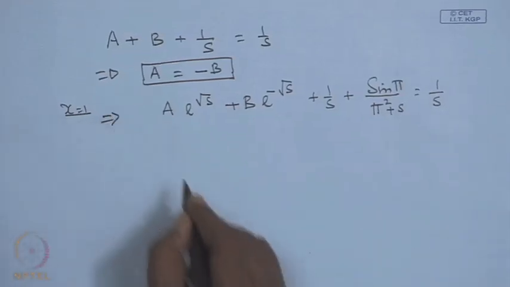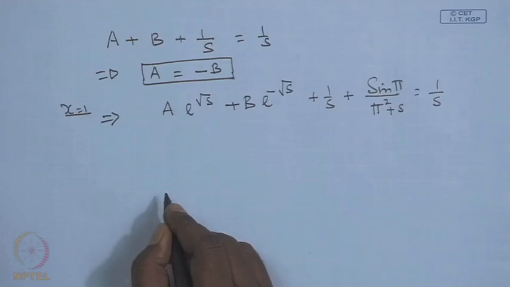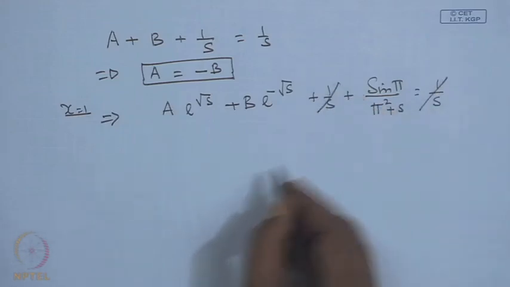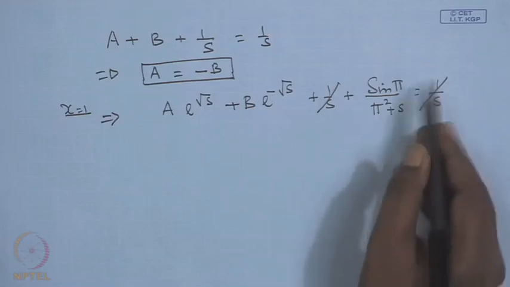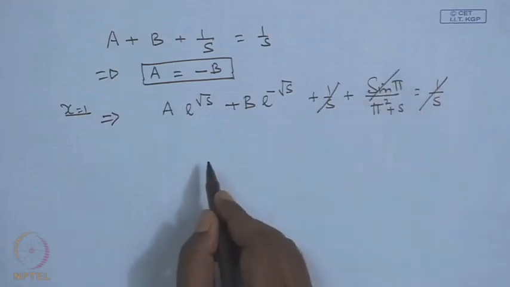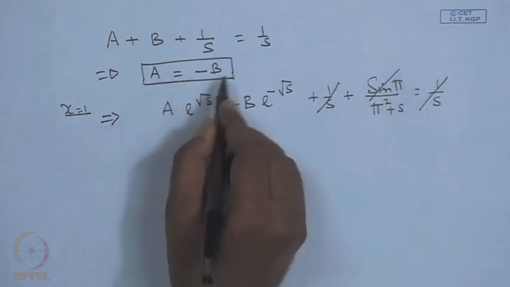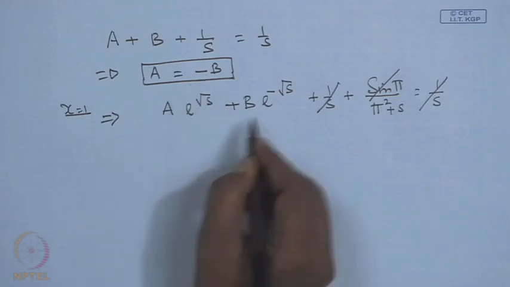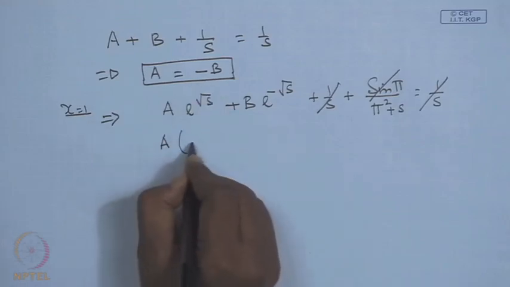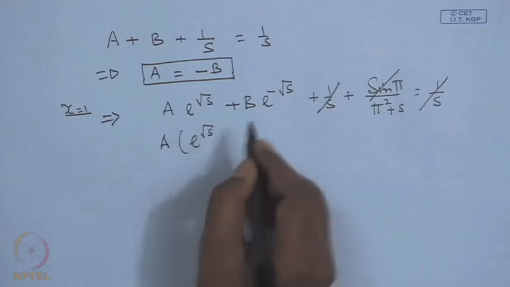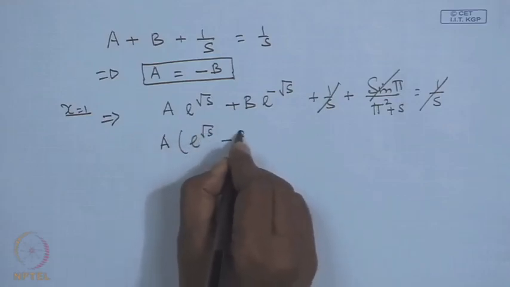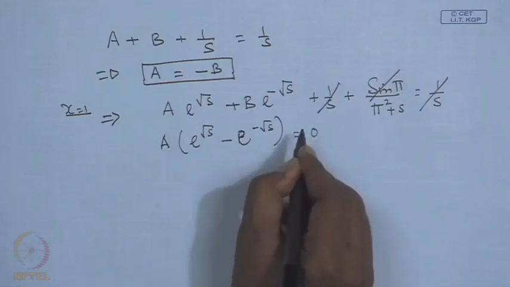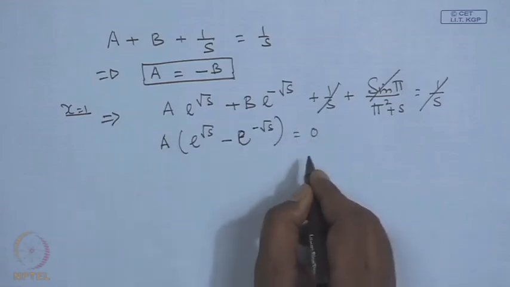When you put the boundary condition at x equal to 1, the 1 upon s will cancel out, and sin pi is equal to 0, so this term will also go off, and a is equal to minus b. So, therefore, b is equal to minus a, we can take a common. So, this will be a times (e to the power root s minus e to the power minus root s) is equal to 0.